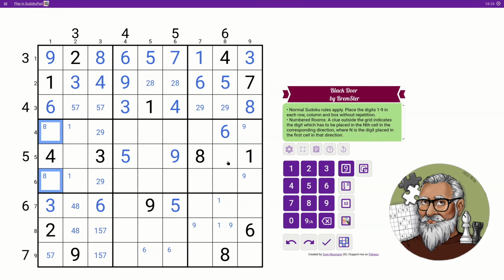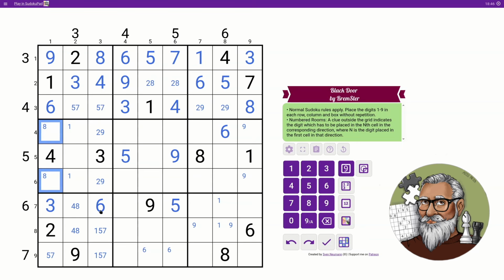What am I still missing? A 2. Well, this one isn't a 2, but those could be. A 6. Well, this one isn't a 6. Those could be. And a 7, which could be anywhere. Okay, so it didn't help.